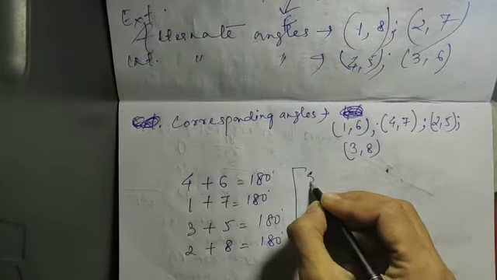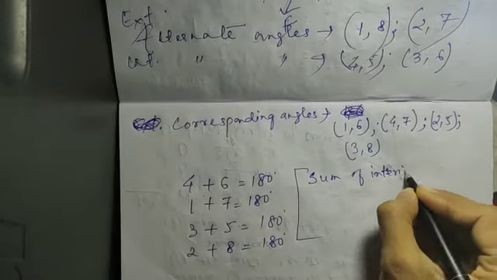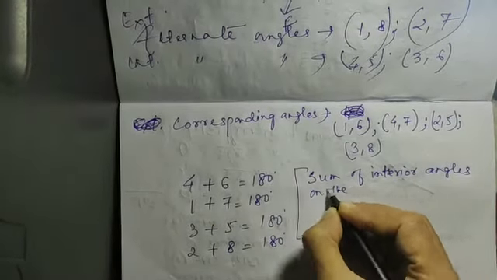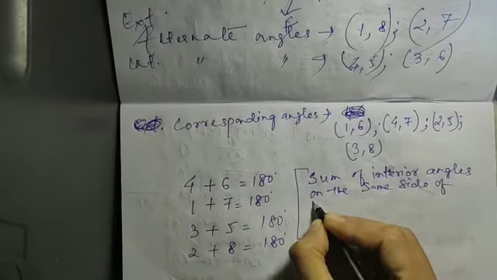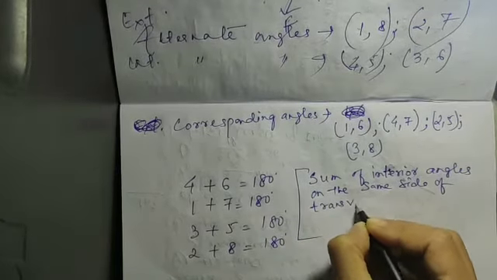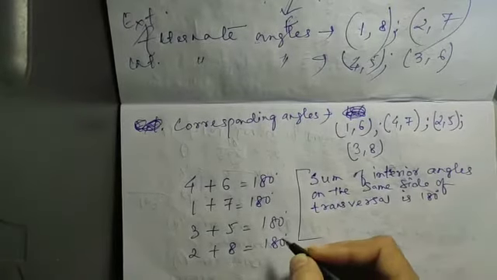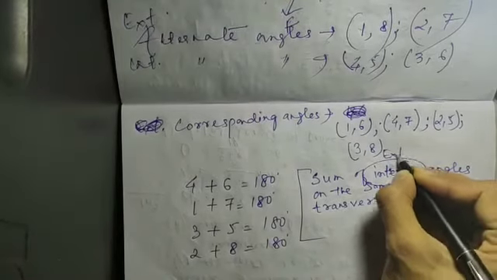See here. Sum of interior angles on the same side of transversal is 180 degree. Okay, the same thing, in place of interior, it can be exterior also.